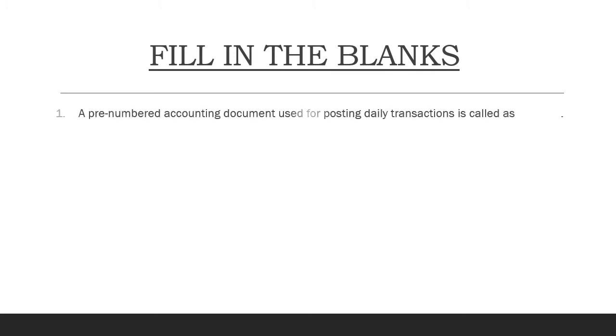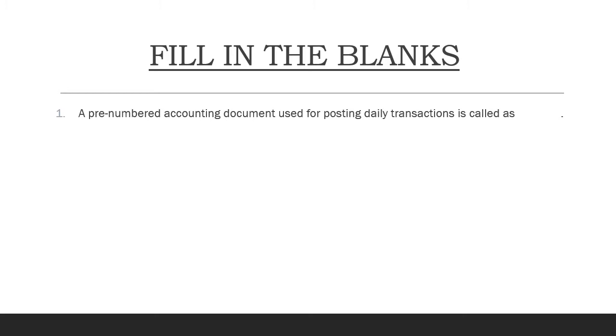First question is fill in the blanks. A pre-numbered accounting document used for posting daily transactions is called as dash. Pre-numbered means a number is already given to the document and we are posting our daily transactions.